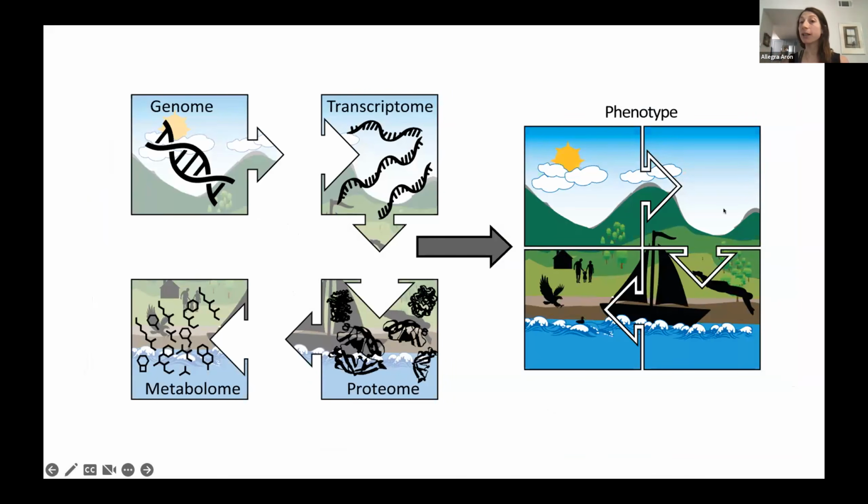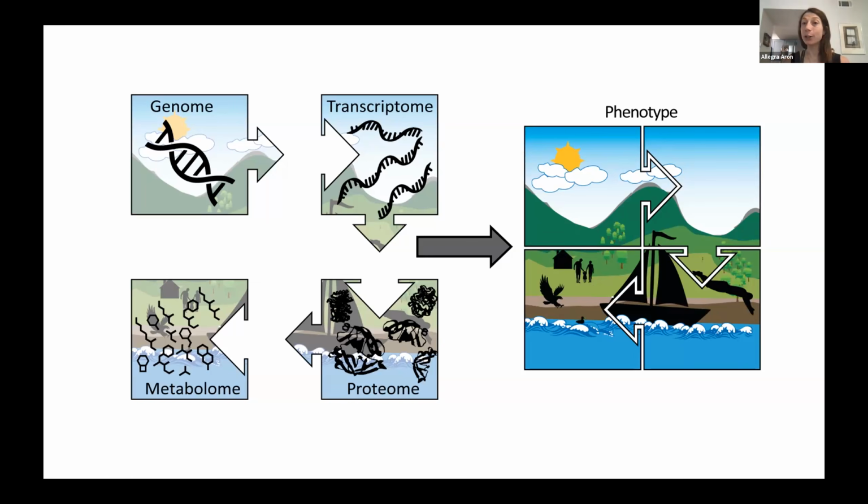And by looking at all of these various omics technologies, we can really get a full picture of the phenotype of some organism, or in this case, some nice ocean ecosystem. And the exciting thing for us is that metabolomics is sort of like the new kid on the block, right? Genomics, transcriptomics, and proteomics have all been around for a while.